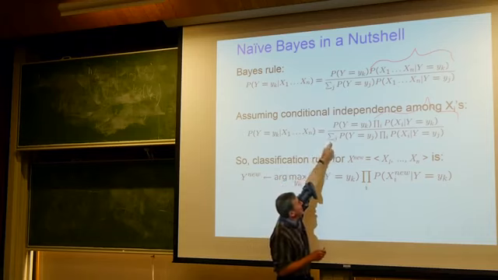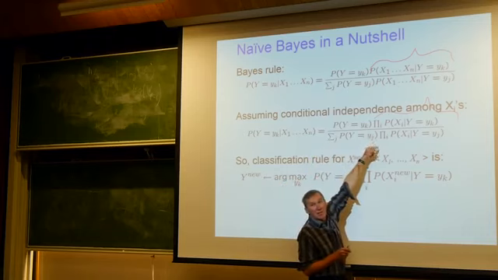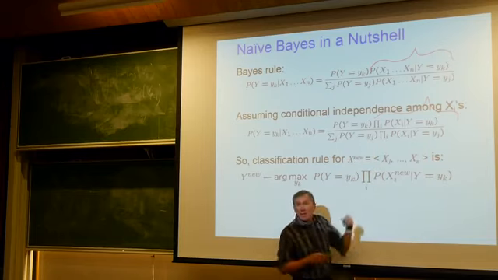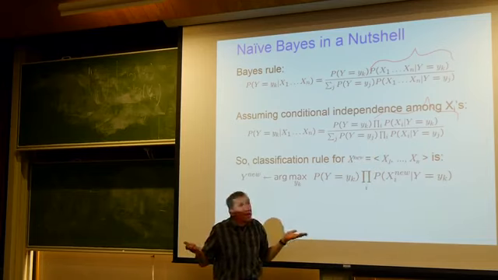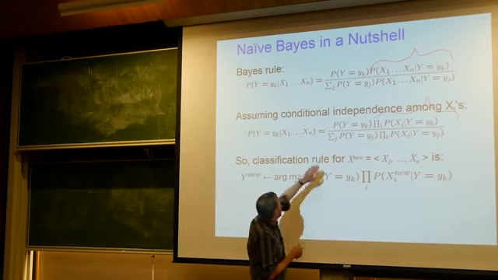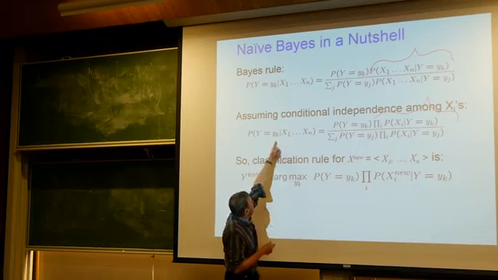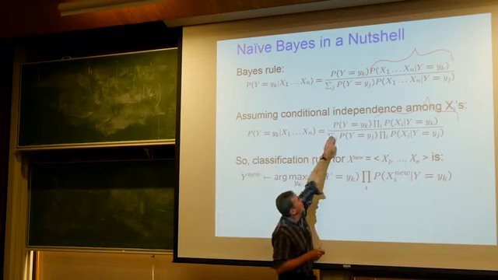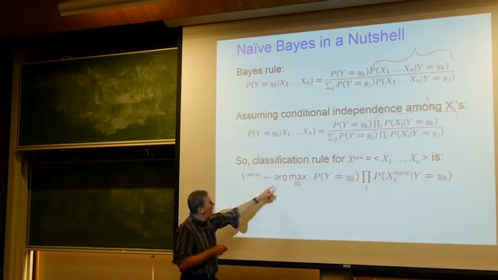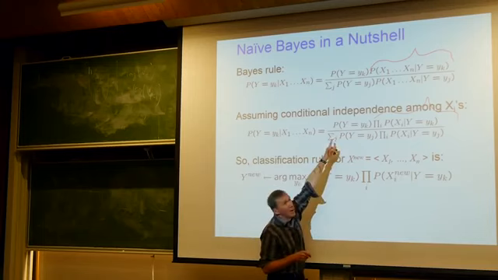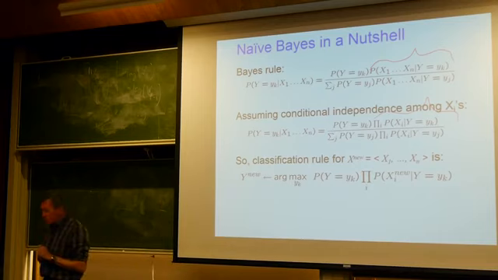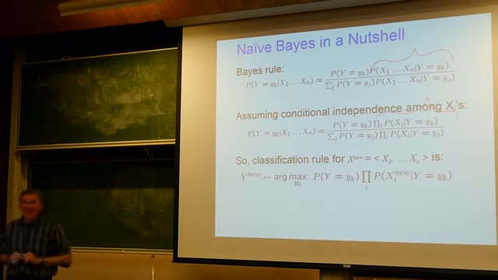This denominator is summing over all the possible values of y. In fact, that denominator is equal to just p of x, because we're summing over all the possible values of y. So in a sense, if we want to maximize the probability, all we really have to worry about is the numerator. And so we can just assign the y which maximizes the numerator. And so that's naive Bayes in a nutshell.